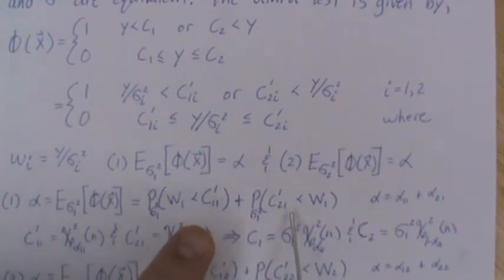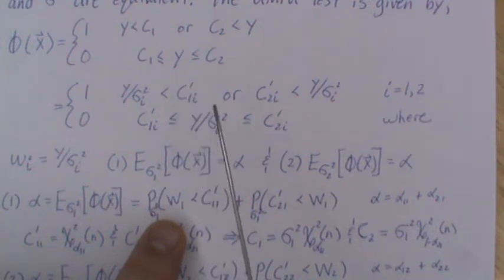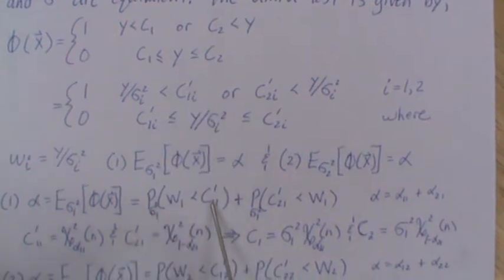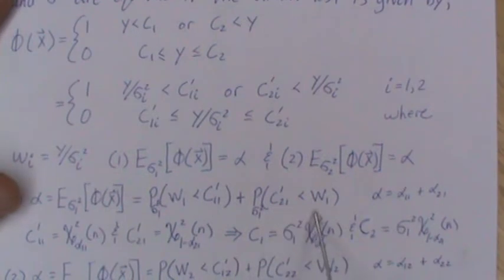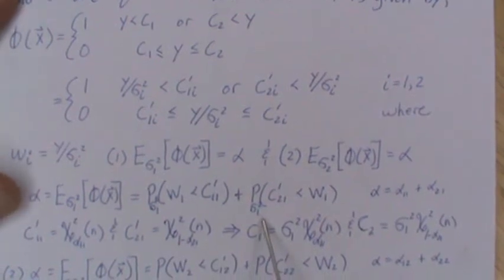So we're just left with this. And here we're making use of this second test, right? So W1, which is y divided by sigma 1 squared, is less than or equal to C1 prime, right? And then we get plus W1 is greater than C2 prime, assuming sigma 1 is the correct value.